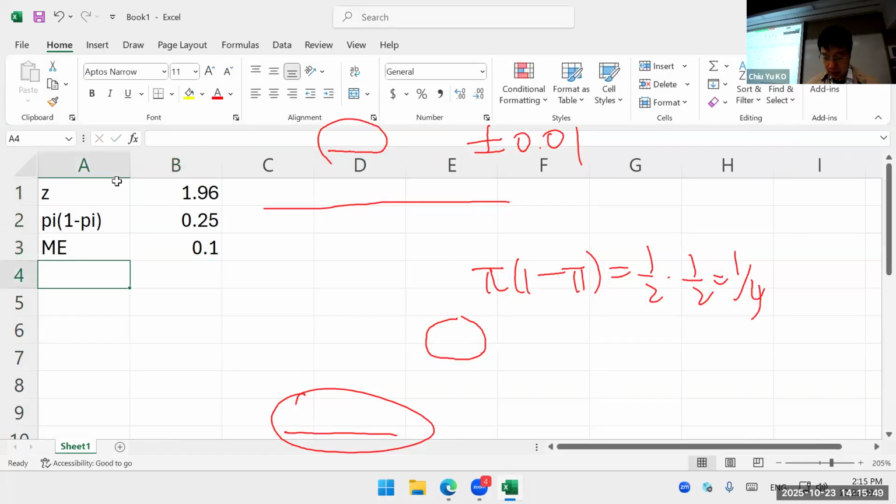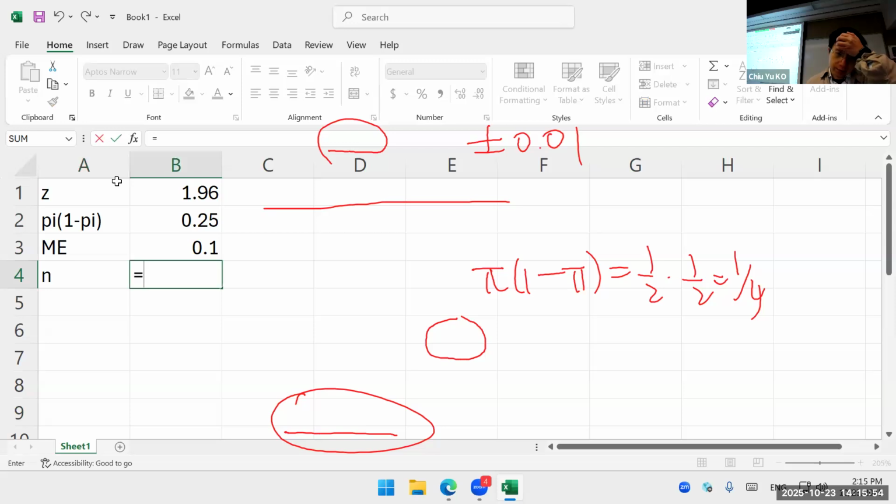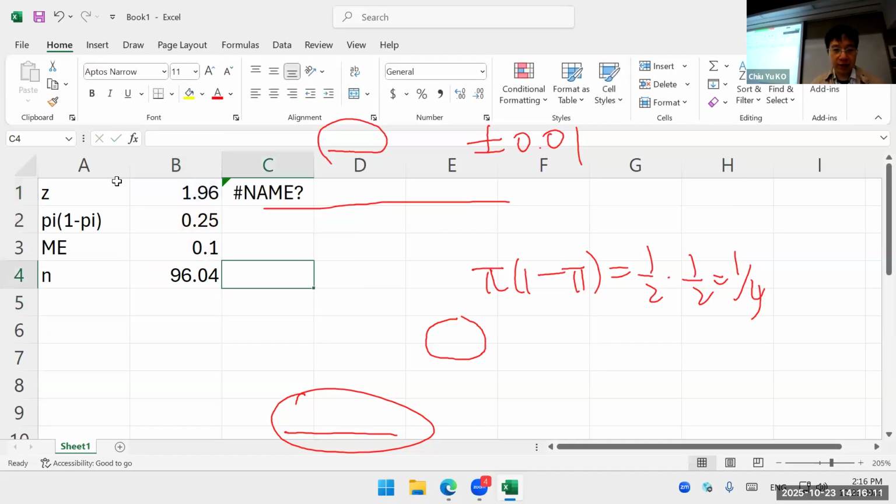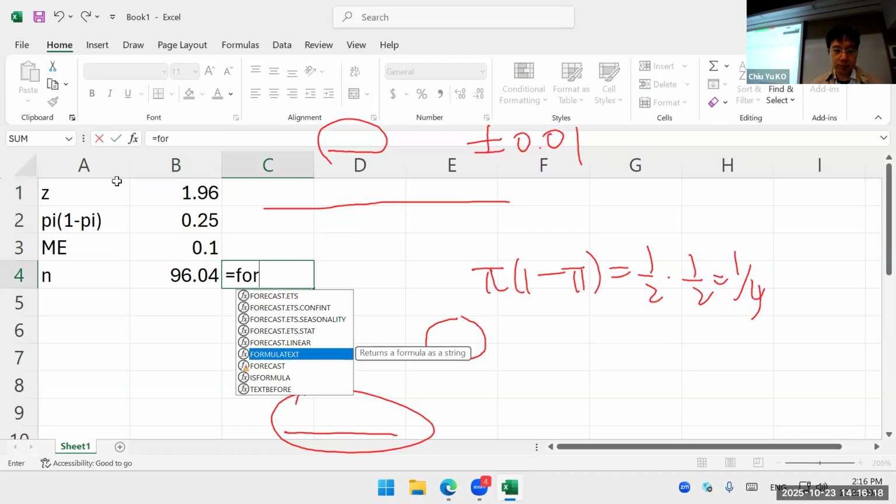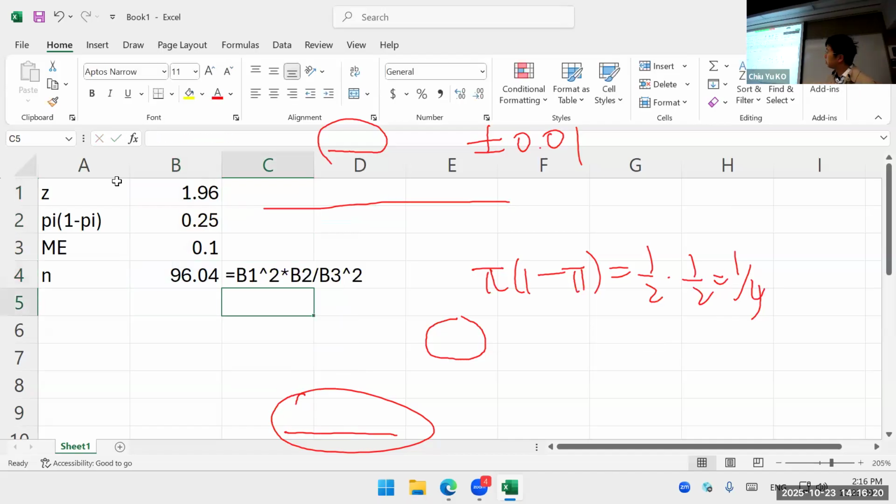Then our sample size n is equal to this squared times this number over the ME squared. You remember this is the formula we have.